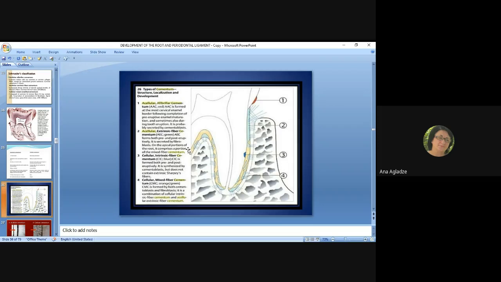First there is the double-layered Hertwig's root sheath. Then it causes the differentiation of odontoblasts, which secrete dentin. After this, Hertwig's root sheath disintegrates, and only after this do cementoblasts appear and differentiate.